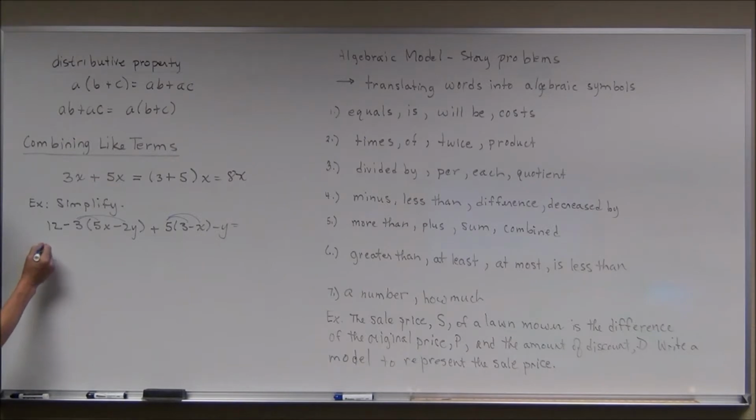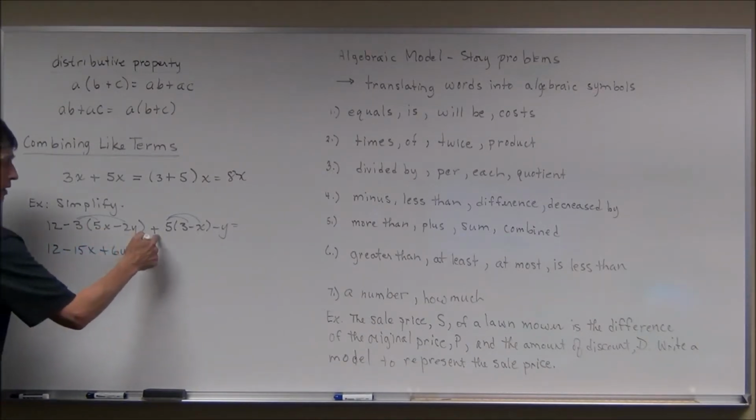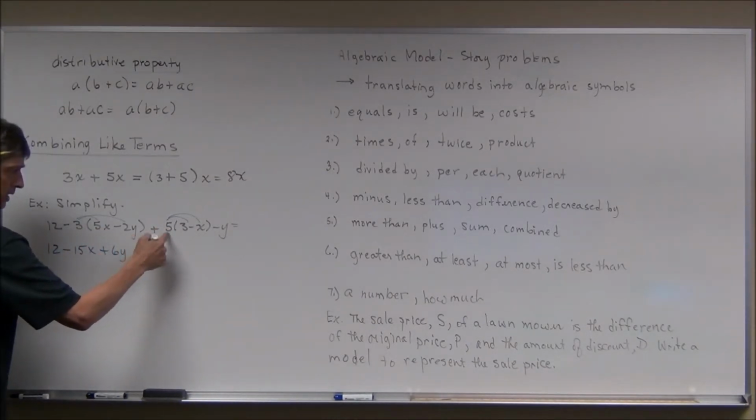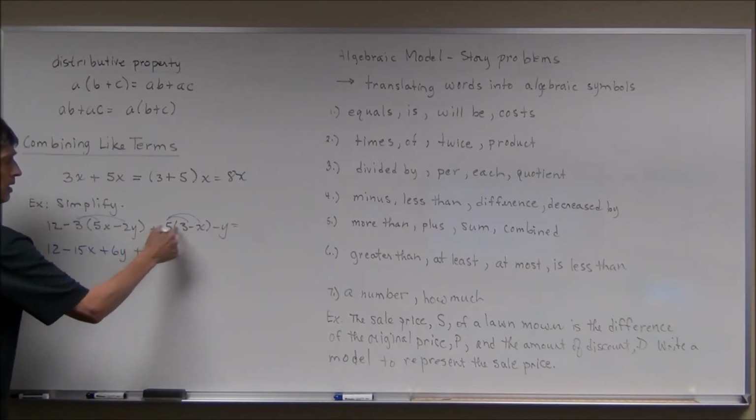So I have 12. A -3 times 5x is a negative or minus 15x. A -3 times minus 2y, negative times negative is a positive or plus 6y. Parentheses are gone. Over here, distributing, it's a plus sign in front of the 5, so it's like a positive 5. Times 3 is plus 15.